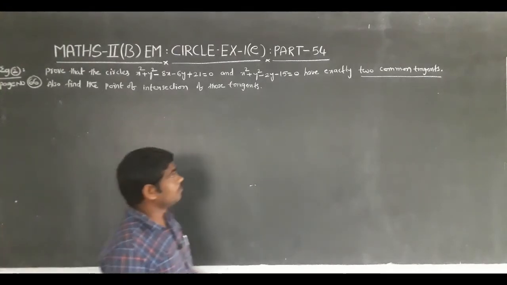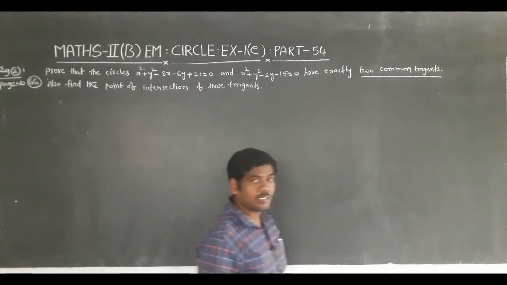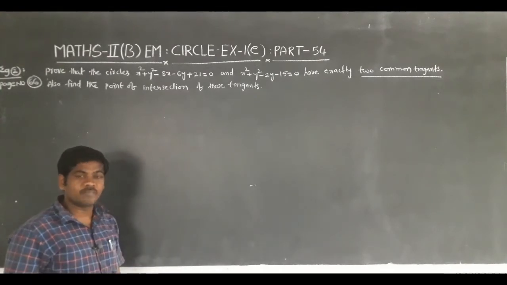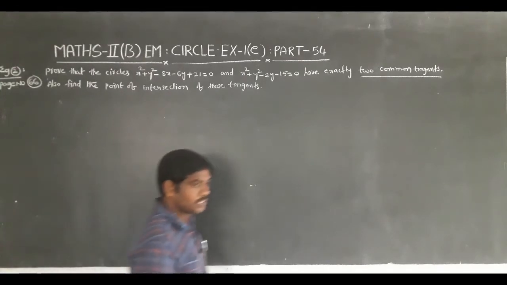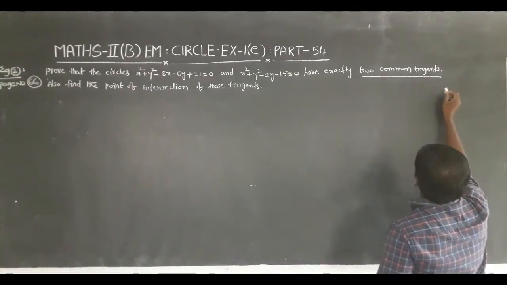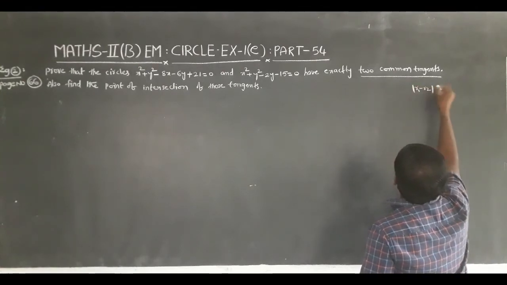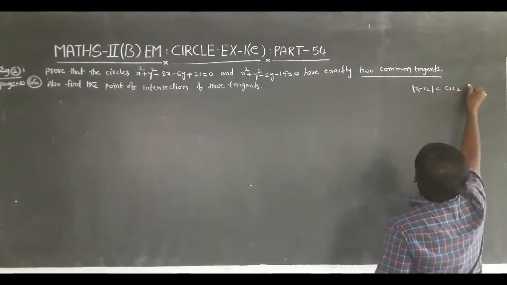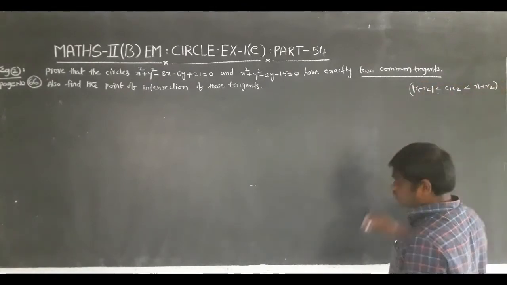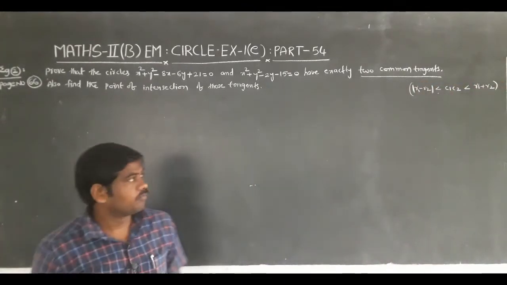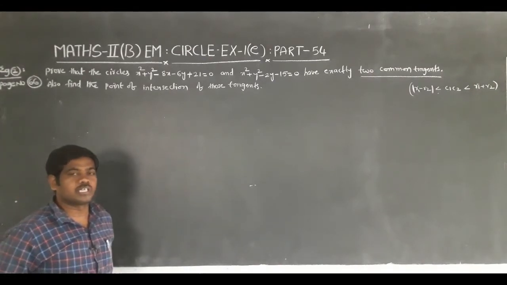Exactly two common tangents means mod of R1 minus R2 is less than C1 C2 is less than R1 plus R2. First of all, here we find the centers and radii of the given two circles.